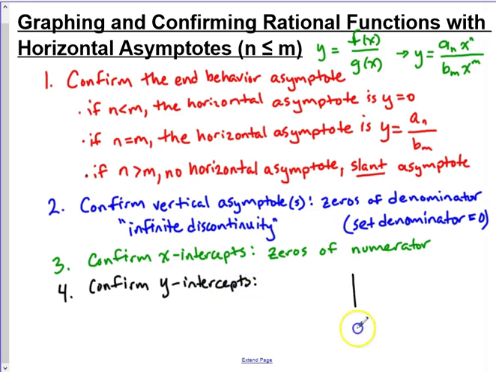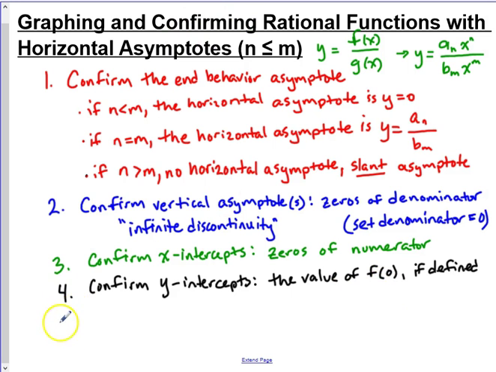Okay, so think about it again, a graph. Y-intercepts are where x equals 0. So you're just going to substitute in 0 for your x's and then solve. Okay, so the value of f of 0 if defined. So you may or may not actually have any y-intercepts.